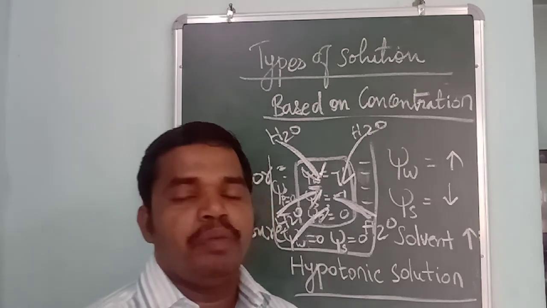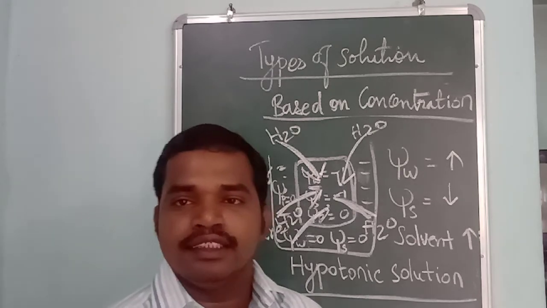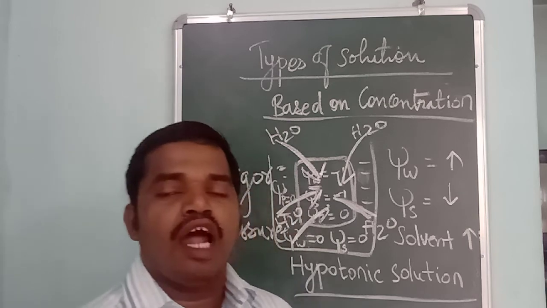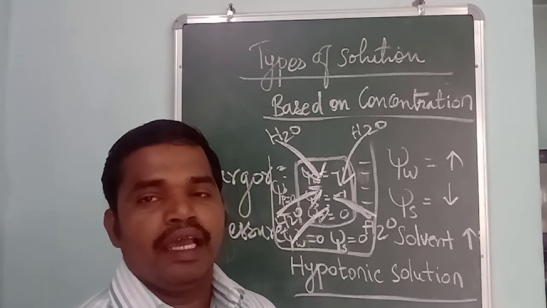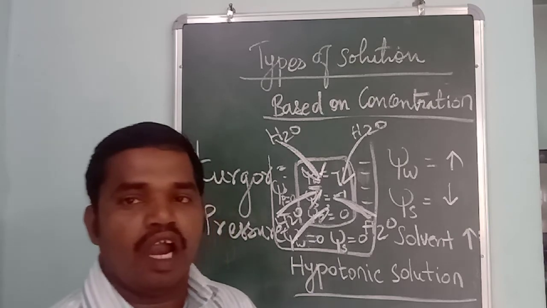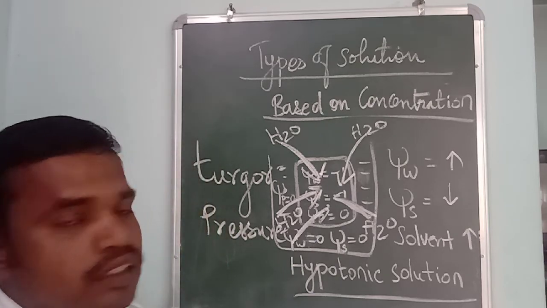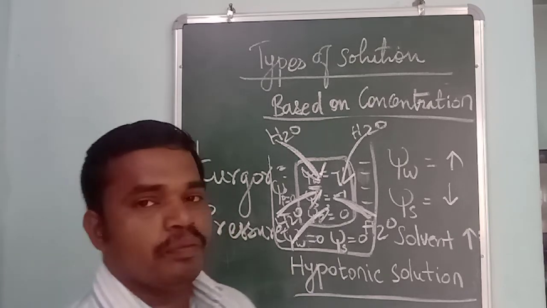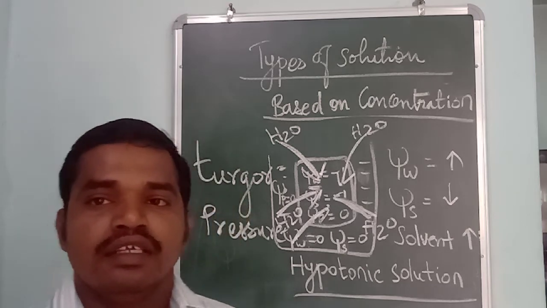To balance this turgor pressure, the cell wall also applies pressure against it. We call it wall pressure. The wall pressure and turgor pressure make the cell turgid.